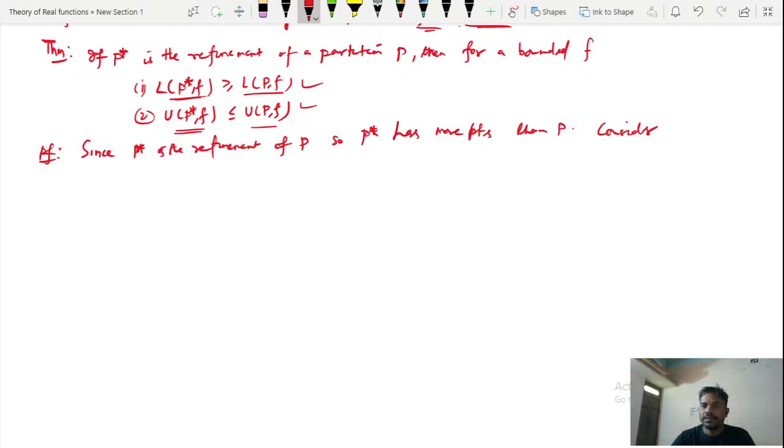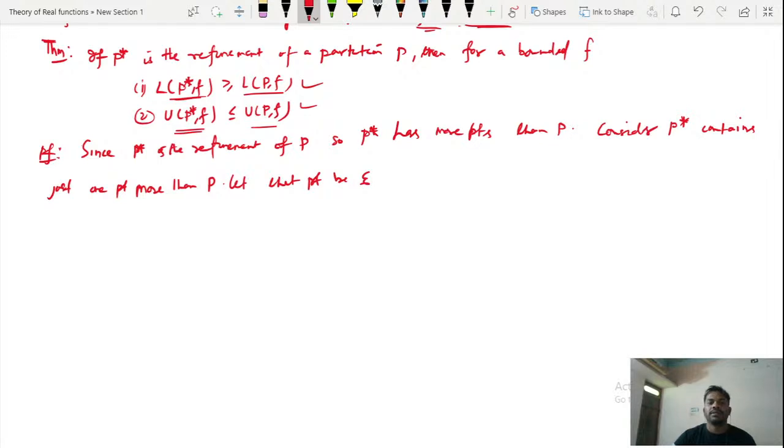So consider P star contains just one point more than P.